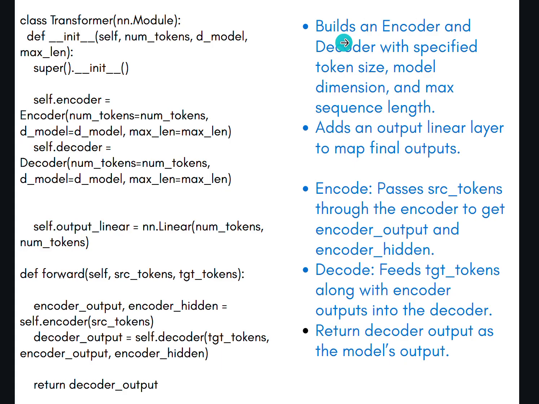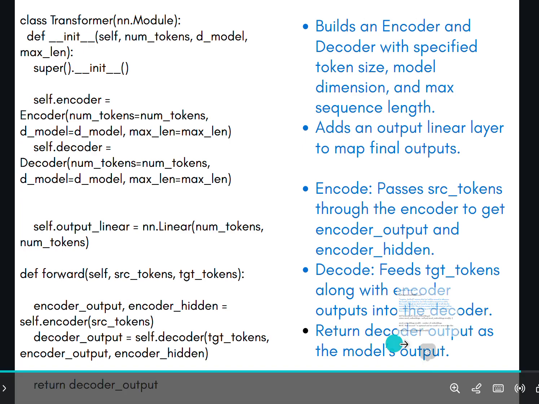So it holds an encoder and decoder with specified token size, model dimension, and maximum sequence length, and adds an output linear layer to map the final output. The encoder passes the source tokens to get the encoder output and encoder hidden, and the decoder feeds the target tokens along with the encoder output into the decoder. It returns the decoder output as the model's output.